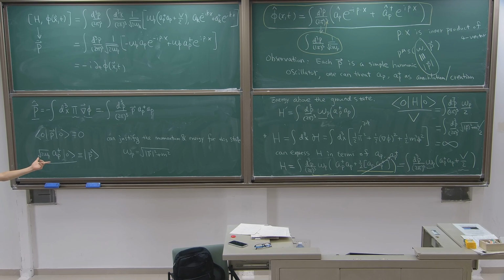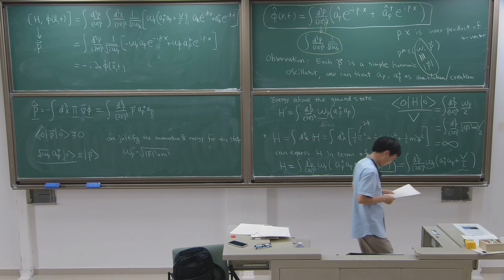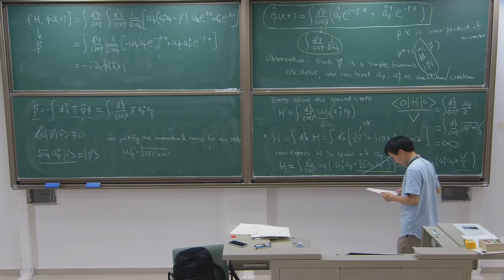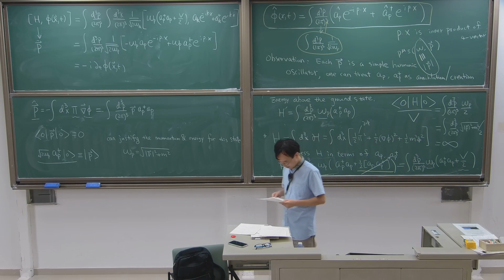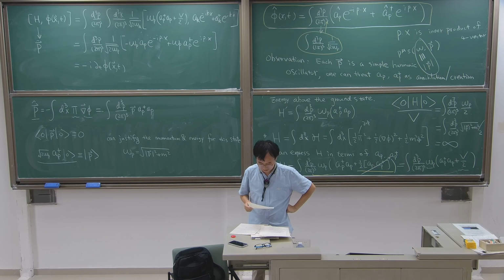We know the on-shell condition describes a particle. So this gives us confidence that this can be interpreted as a single particle with a particular momentum p, because we justified the on-shell condition.